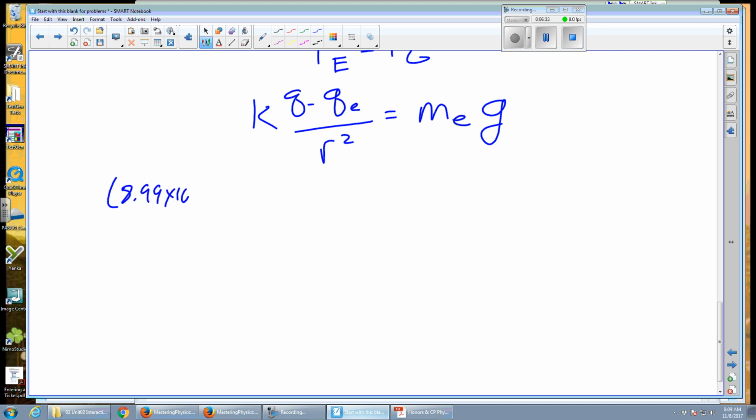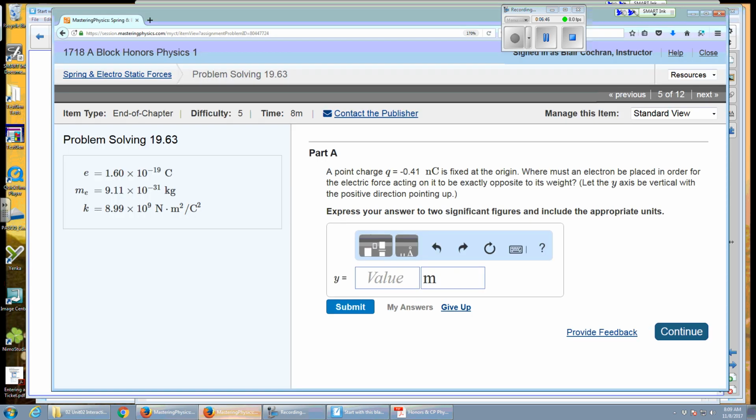8.99 times 10 to the 9th newton meters squared per coulomb squared. Q on the negative, I think that's given to me. Oh, they gave me all nice facts also. Negative 0.41 little nC.